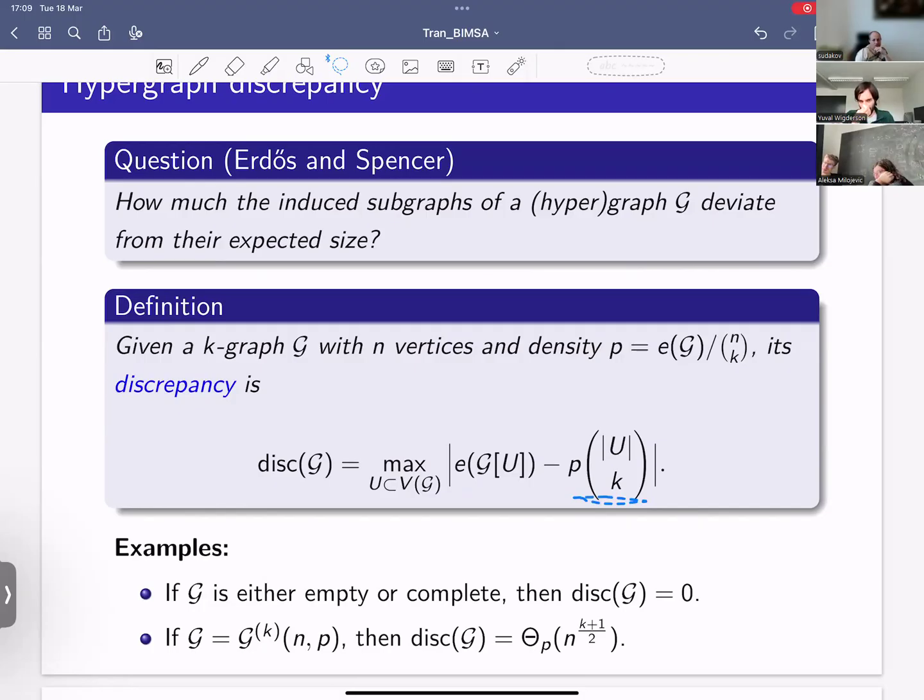We didn't hear you. Do you hear us? Something probably happened with the internet. Let's see. Maybe Tuan comes back.